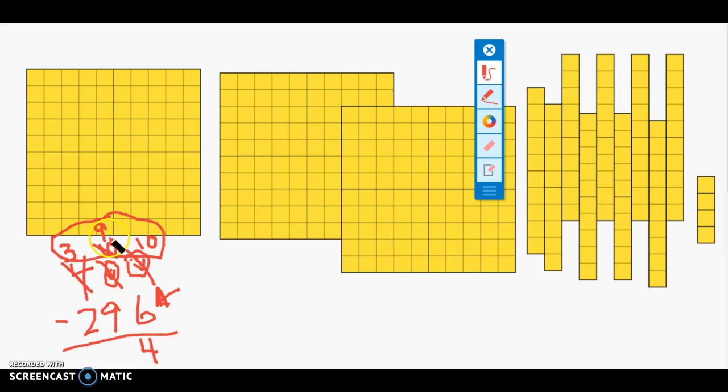Now let's go to the tens. We have 9 tens sitting here. 1, 2, 3, 4, 5, 6, 7, 8, 9. And how many do we need to take away? Oh my gosh, we need to take away 9 of them.